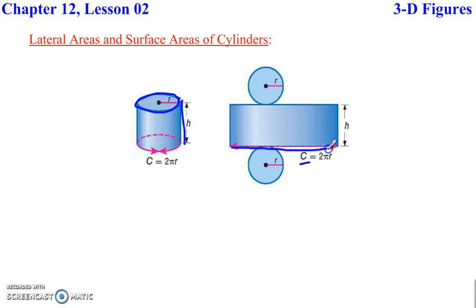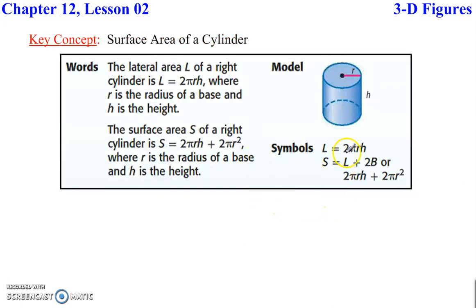So 2 pi r gives us this length, and then the height of the cylinder is the width of the rectangle. So if we multiply those two, 2 pi r times the height, then we get the lateral area. So the lateral area is 2 pi r h.